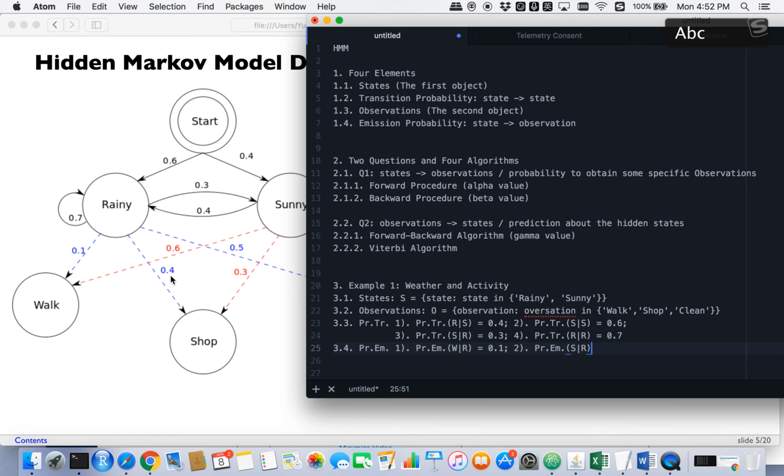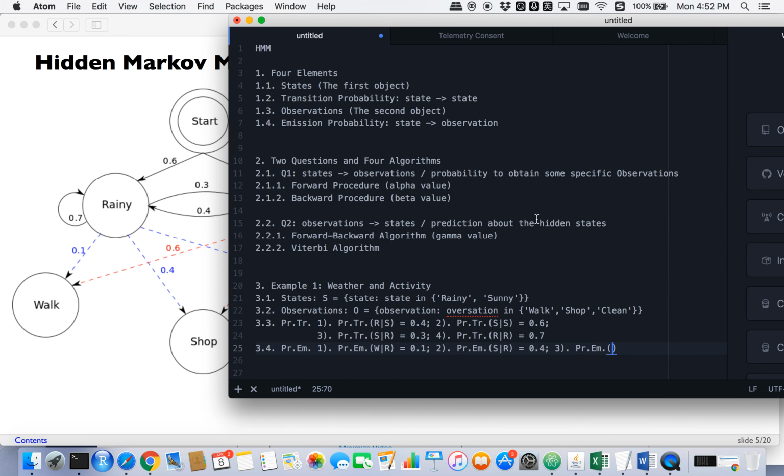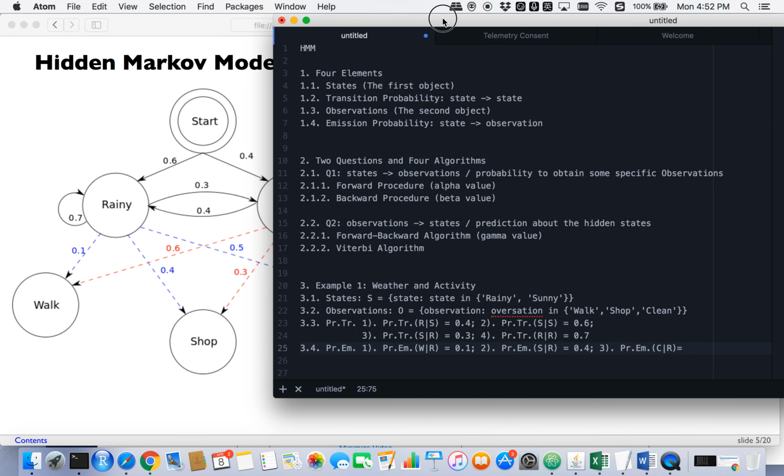The chance is 0.4. And similarly, given the day is a raining day, what's the chance of being cleaning, right? The chance is 0.5.